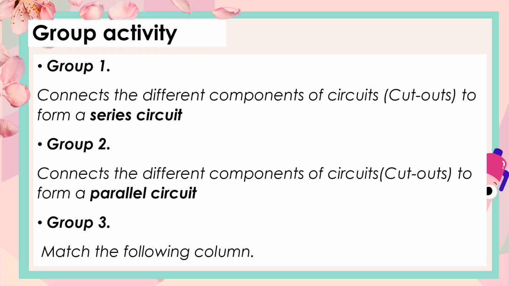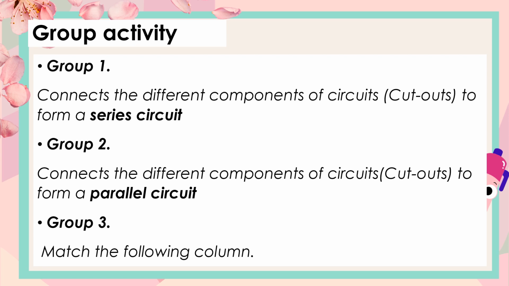This time, let us have a group activity. For group 1, connect the different components of circuits, or the cutouts, to form a series circuit. For group 2, connect the different components of circuits. I have here improvised components of circuits, cutouts, to form a parallel circuit.